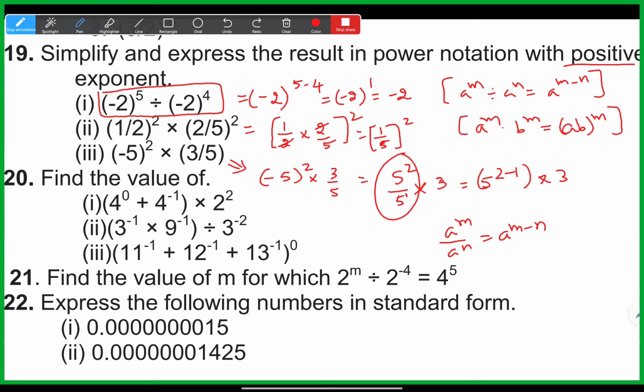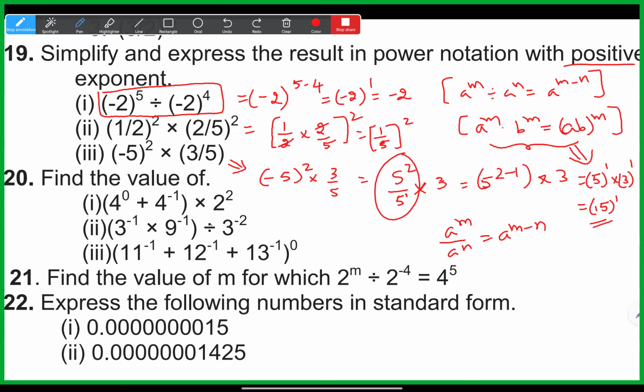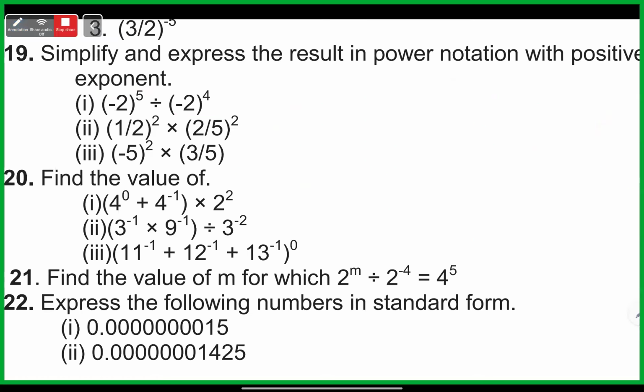So finally, this will become 5 power 2 minus 1, which is 5 power 1, into 3 power 1, which is 15 power 1. Any doubt? No, sir. Okay, sure.